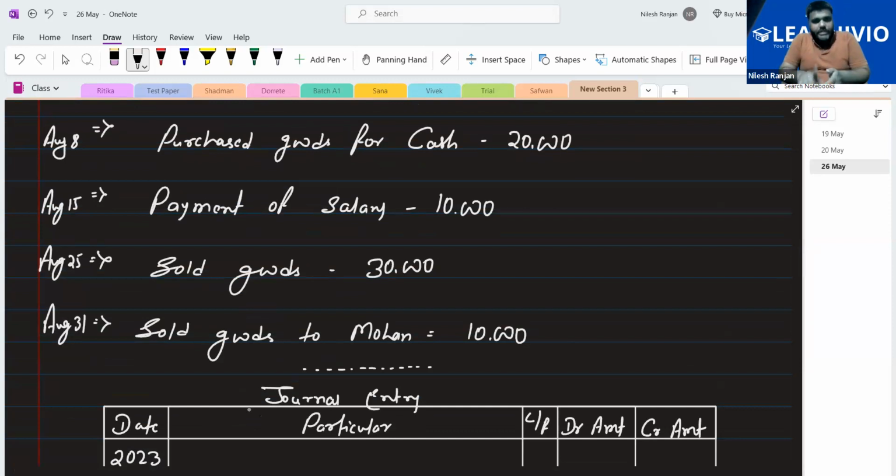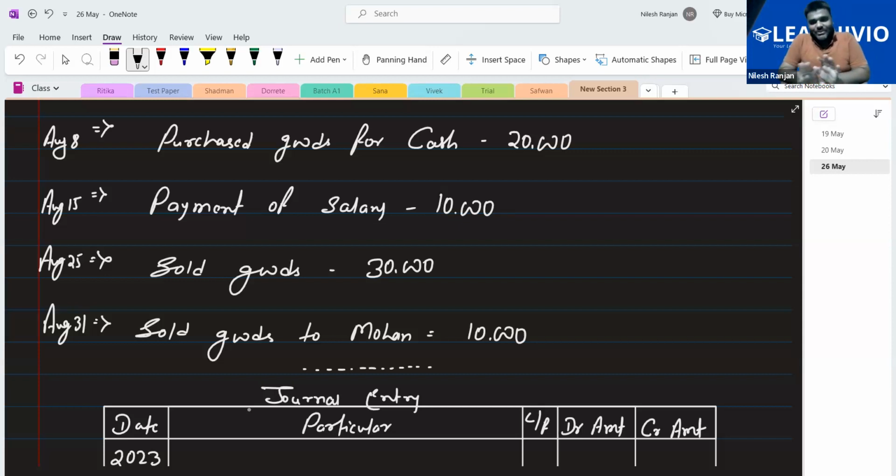Either you take goods, which is a real account, or if you take purchase, then you don't consider goods here. So one side will be cash, the other one will be either goods or purchase. So which one do you want to use? If you want to take goods, then we apply the rule of real account. But if you want to take purchase, purchase is a nominal account.